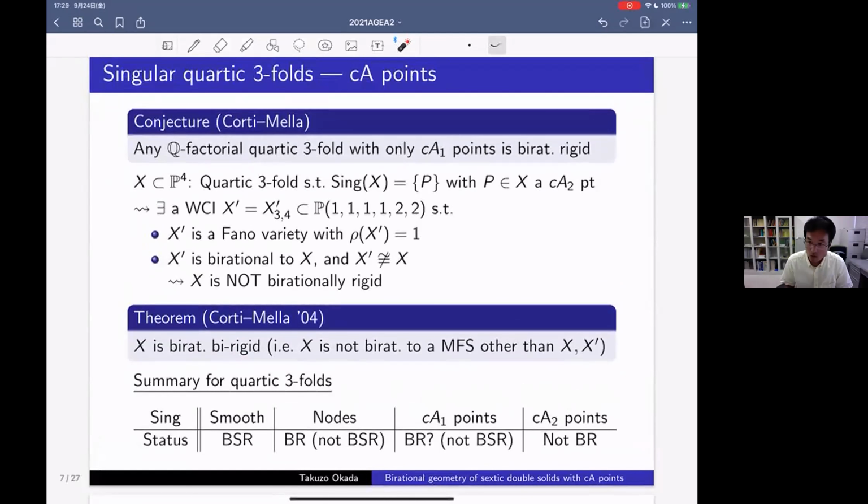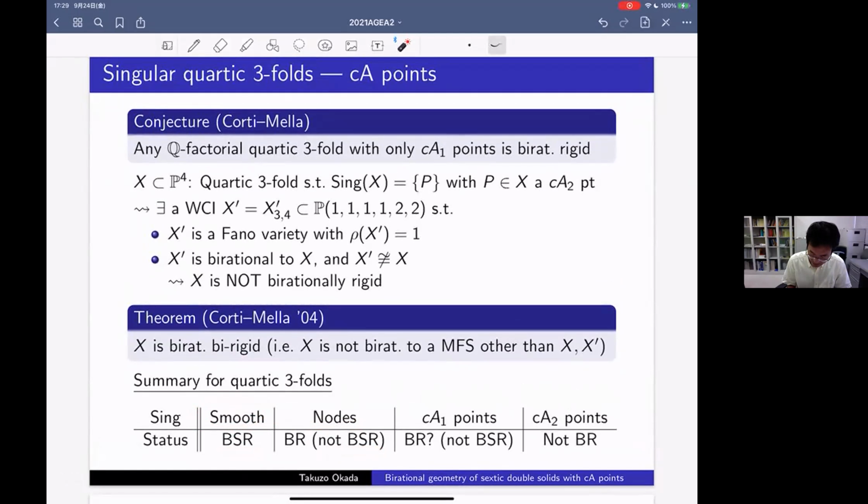Okay, so for a brief summary of the birational geometry of quadratic threefolds, we have this table. So for smooth cases, the quadratic threefold is birationally superrigid, and if it has nodes, then it is not superrigid, but still birationally rigid.